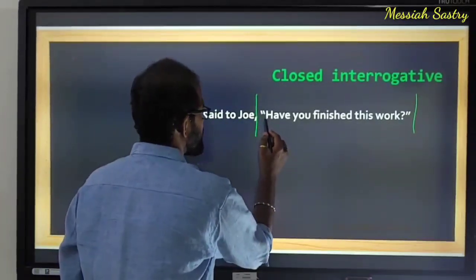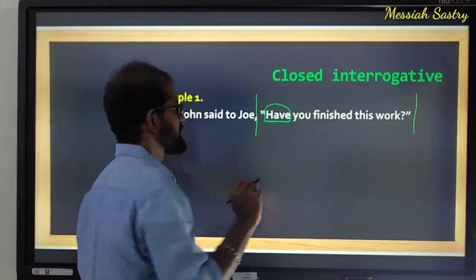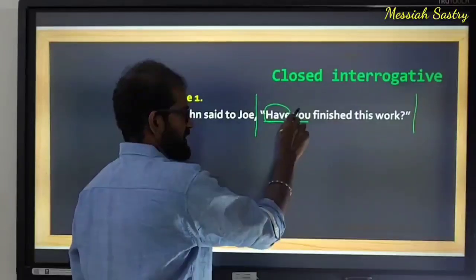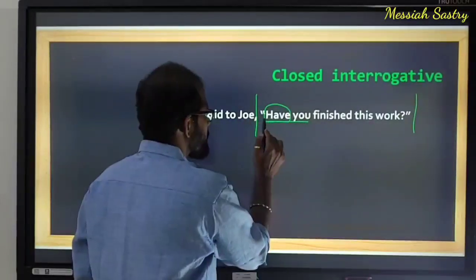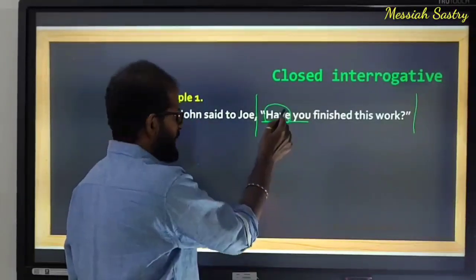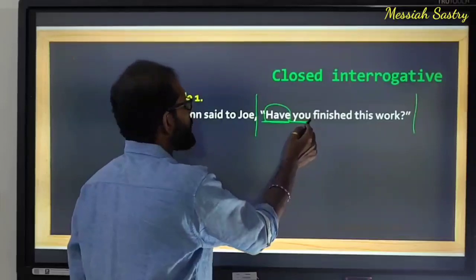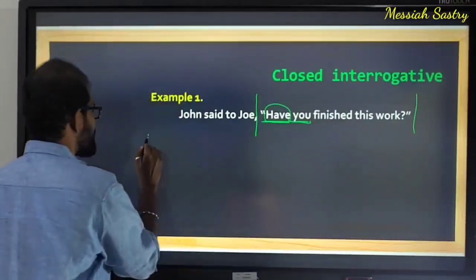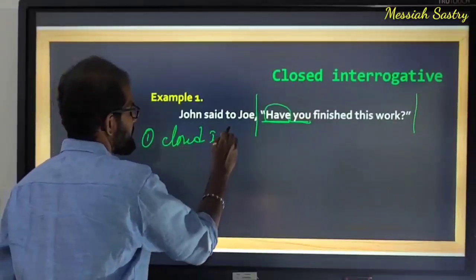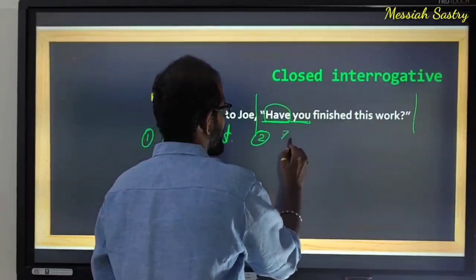How do we know it's a closed interrogative? Closed interrogative sentences always begin with a helping verb followed by the subject, which is either a noun or a pronoun. This sentence, have you finished this work, began with a helping verb followed by a subject. So if it is a closed interrogative, we need to remember the points.